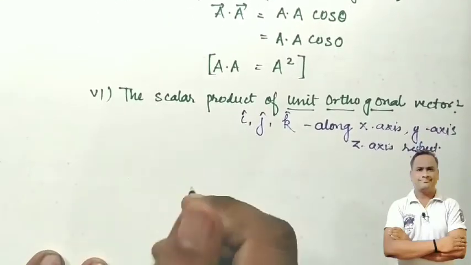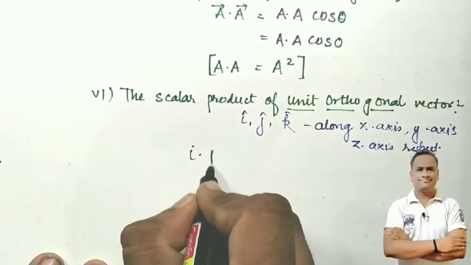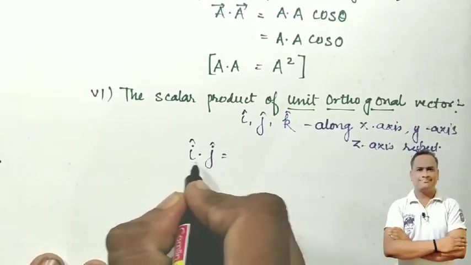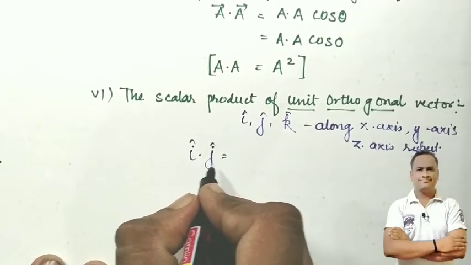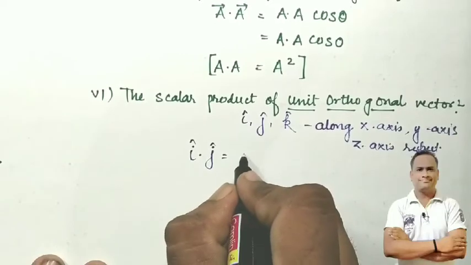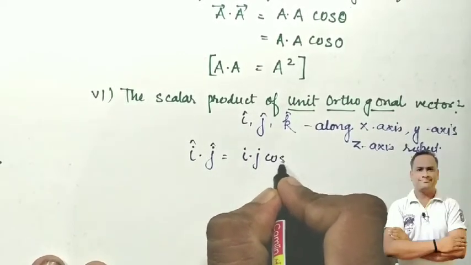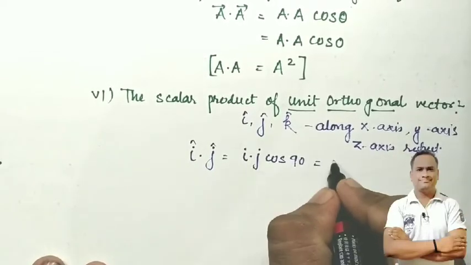If someone says, sir, find the product of i dot j, i cap into j cap, then as we know these i and j are perpendicular to each other, so their angle will be 90 degrees. So i dot j is cos 90, and as cos 90 is equal to 0, i dot j will be 0.